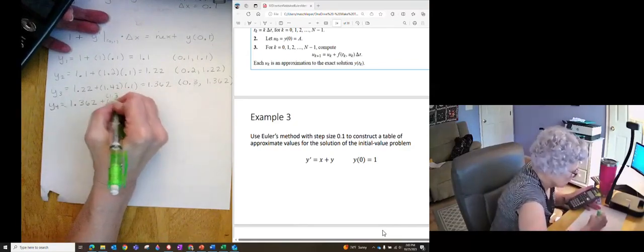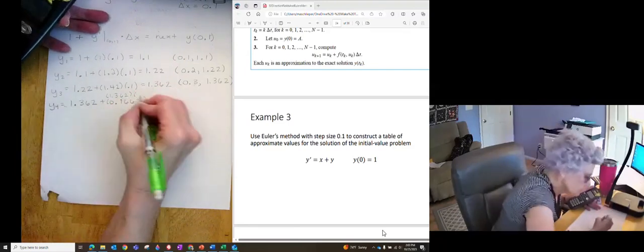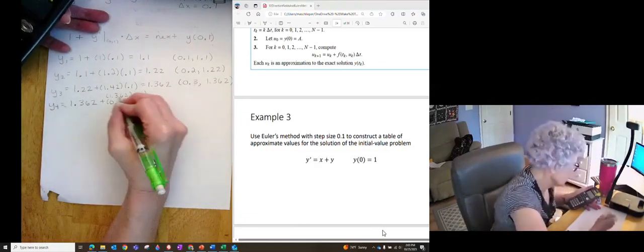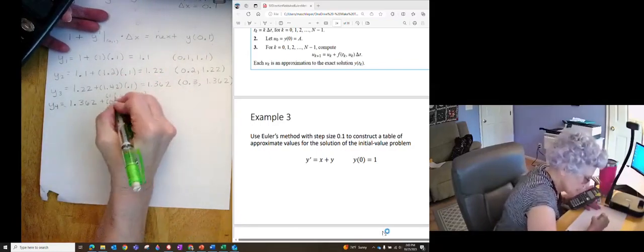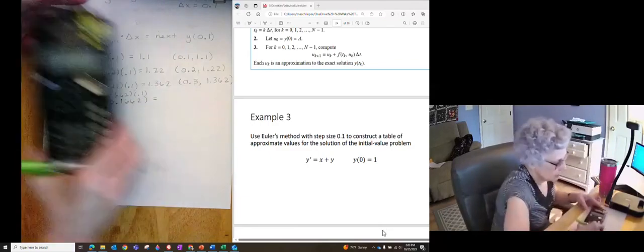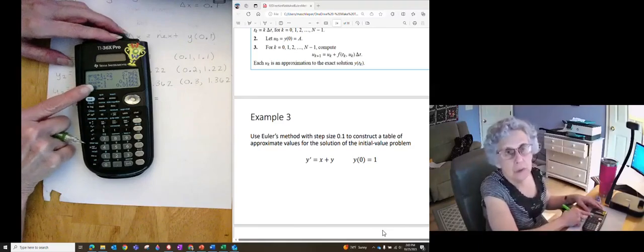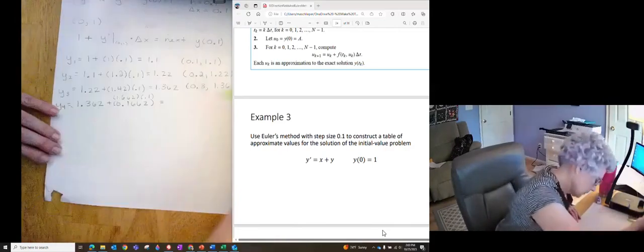I went ahead and multiplied. This was 1.362 times 0.1. Oh, I added 3 to it. It was 1.662 times 0.1 because I did the multiplying. 1.362 plus 0.3, and then I multiplied by 0.1.